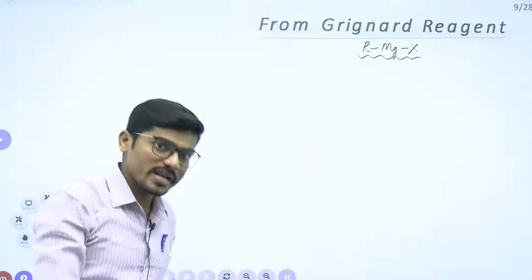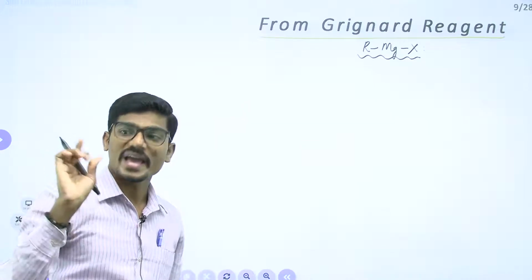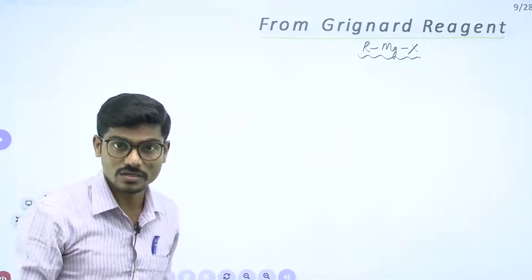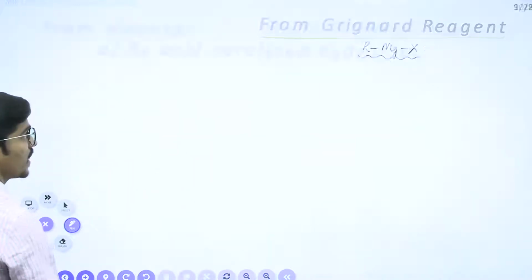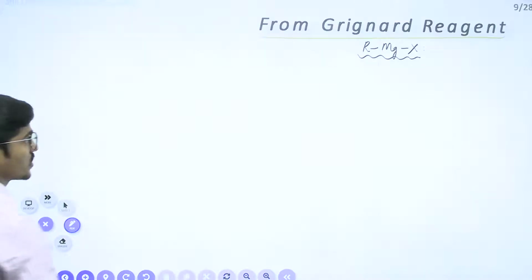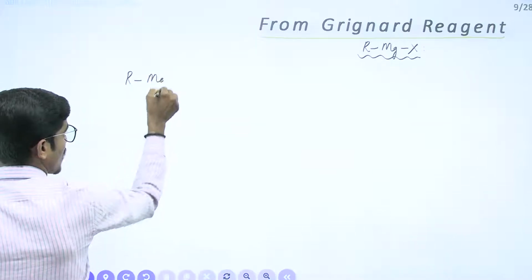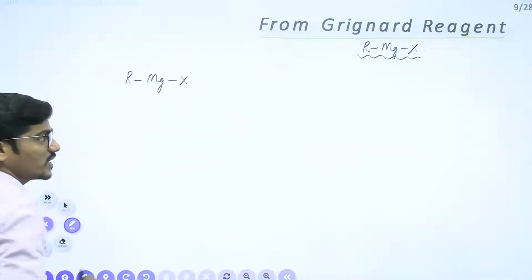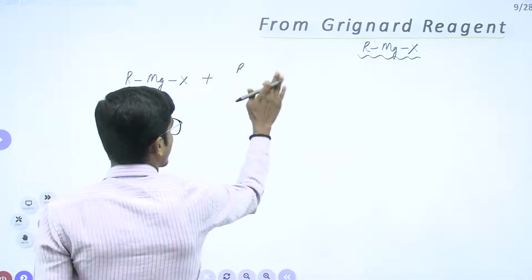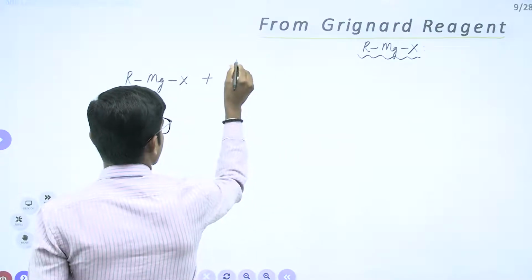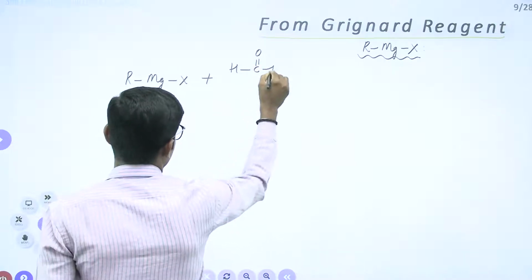So when this Grignard reagent is treated with aldehydes, ketones, esters, and oxirane, these four reactions we are going to study under the heading of Grignard reagent. Here the Grignard reagent RMgX is treated with, number one, aldehyde, particularly formaldehyde, HCHO.